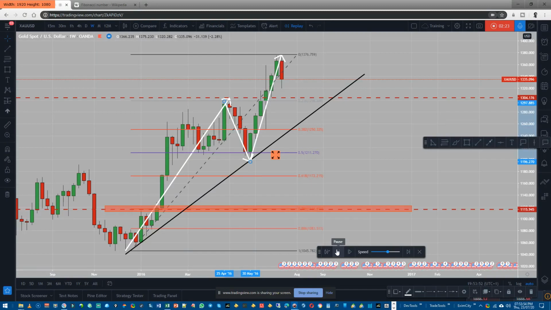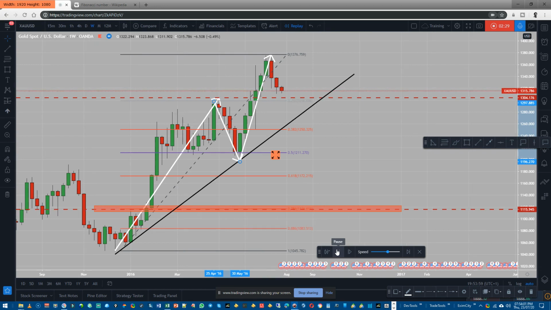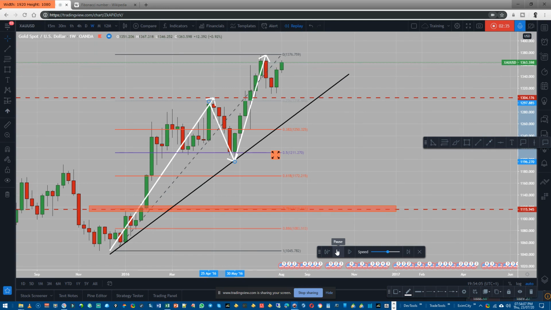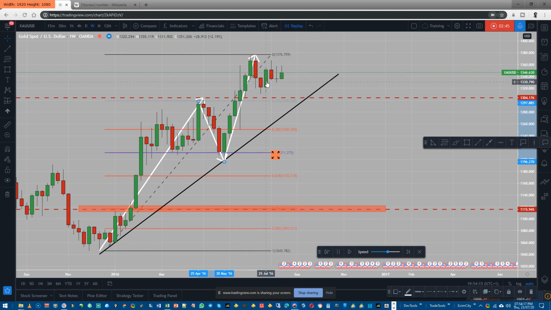It's going back up to possibly retest that high. Nope, it has come back down now. So it's kind of in consolidation at the moment, because we are getting alternate green and red candles.